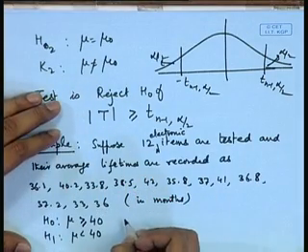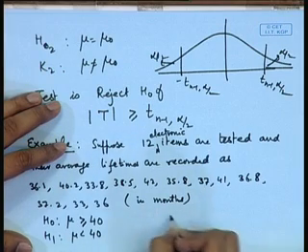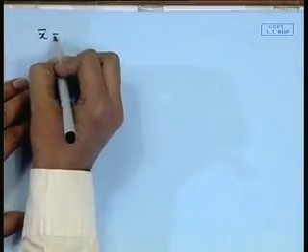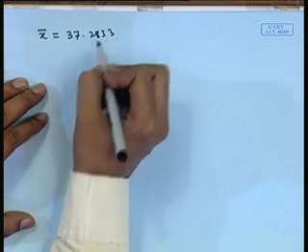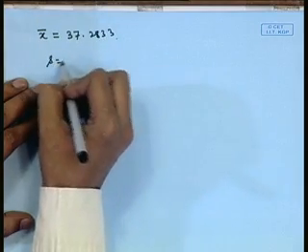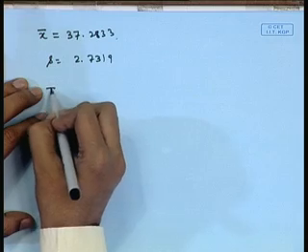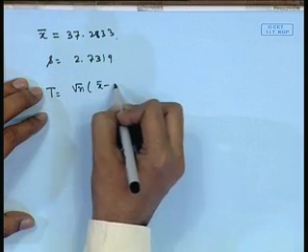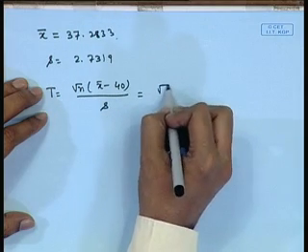So, for example, here you can calculate x bar, which turns out to be 37.2833, and the S value turns out to be 2.7319, say.